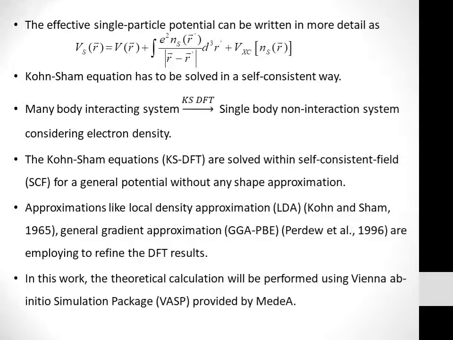Approximations such as local density approximation LDA and generalized gradient approximation GGA are employed to refine the density functional theory results. In this work, the theoretical calculation will be performed using the Vienna Ab initio Simulation Package, VASP, provided by Media-A. All the calculations will be done by coding using this software.